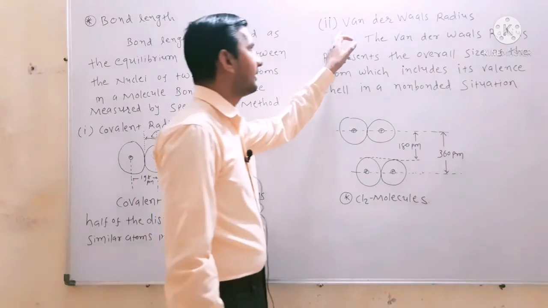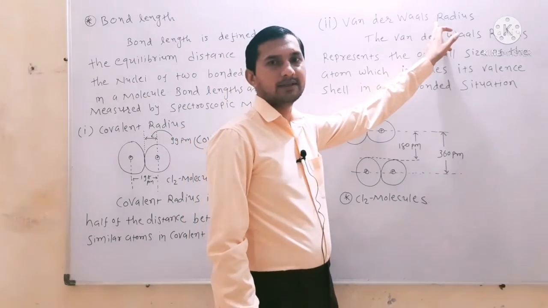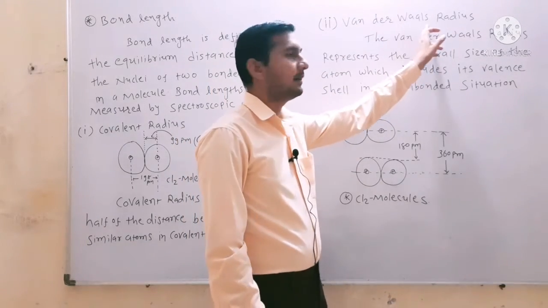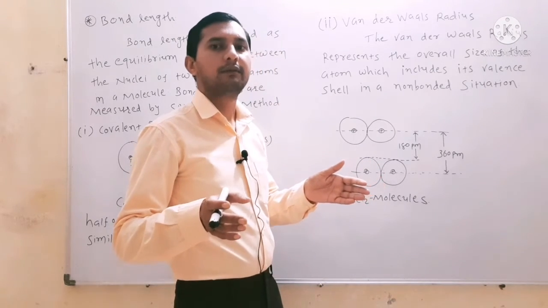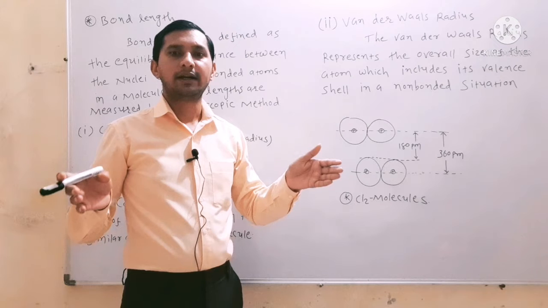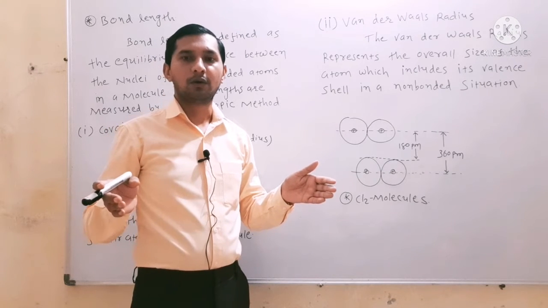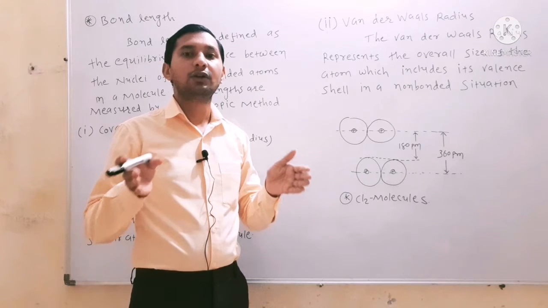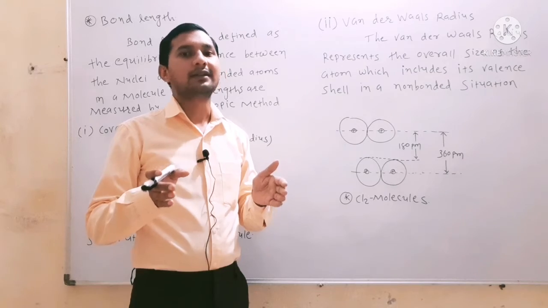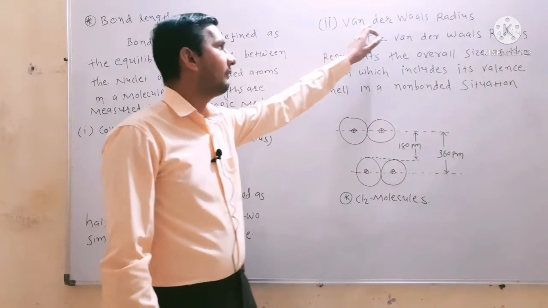The next one is van der Waals radius. If we have two isolated molecules, then no chemical bonding takes place between them. If you find the radius between two molecules, this is known as van der Waals radius.